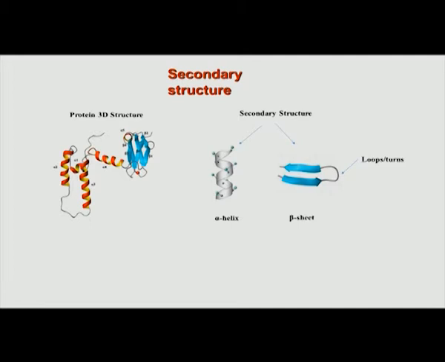Therefore, we are not going to look at a real example now, but we will go through, in a theoretical way, how these secondary structures can be elucidated by NMR. So, that is what is written here: before the 3D structure is completed or computed, the secondary structure elements in the peptide or protein are elucidated.